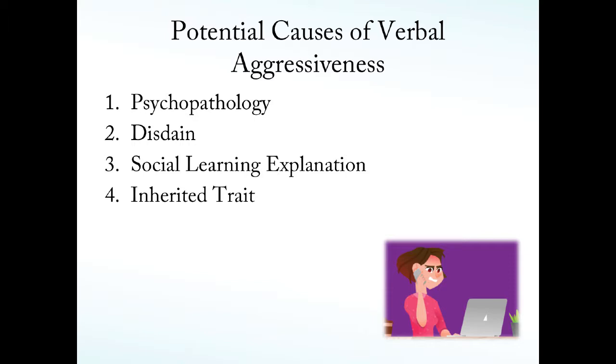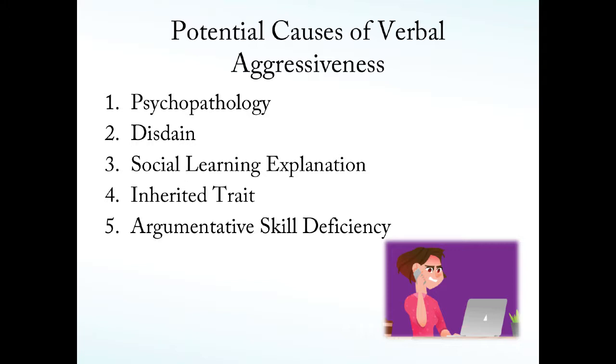We can say that as a result of functional fMRIs, Beatty and McCroskey have been able to say, look, it looks like there's a part of the brain that's lighting up when people are verbally aggressive, and they're calling that the neurobiology of verbal aggressiveness, or at least the first signs of that.